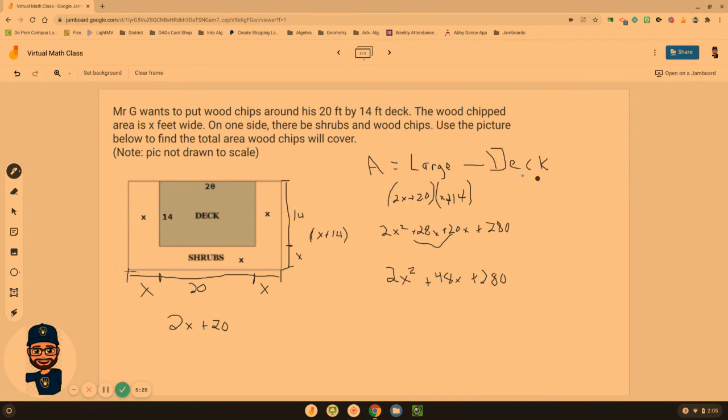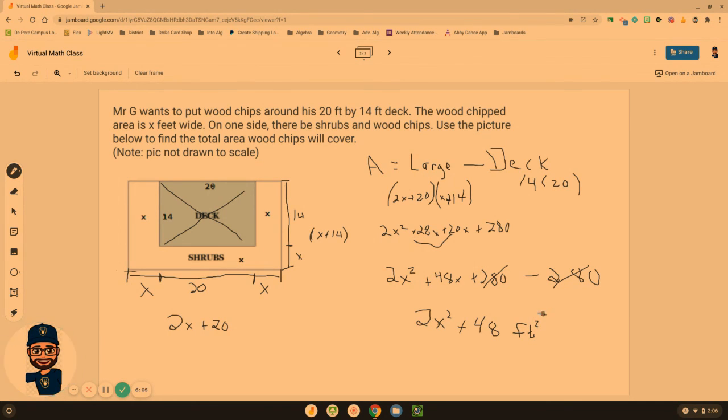Now we've got to work on the deck, because the deck is not going to be covered in wood chips. The area for that deck is 14 by 20. We are given that. So we're going to take away whatever 14 by 20 is, which we already described is 280. Those two just cancel out, and we're left with an area of 2x squared plus 48x feet squared, or square feet.